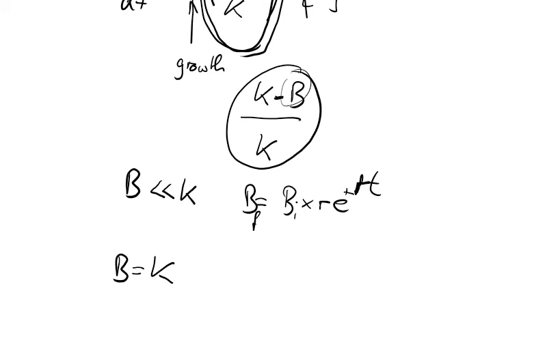We get 0, don't we? So we have R times 0. So our growth rate becomes 0. When our growth rate becomes 0, what happens to the population? It's flat. There's no growth.